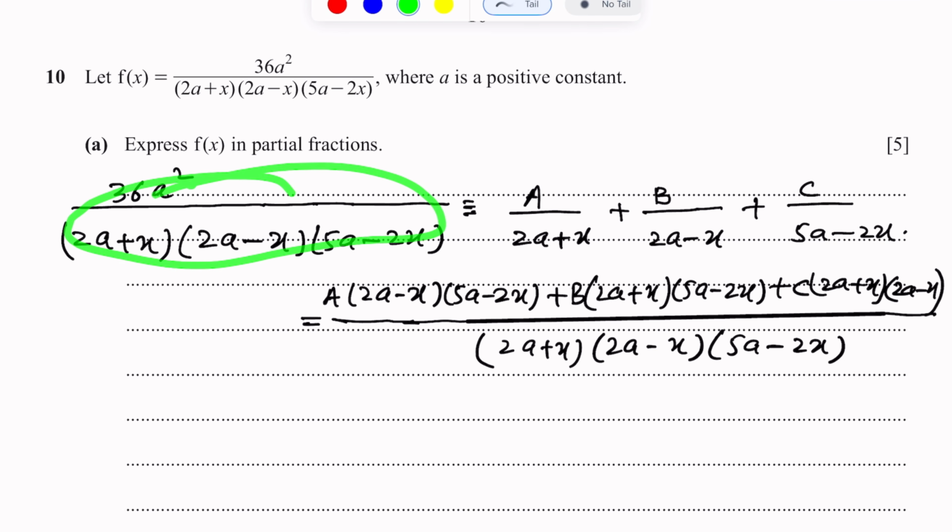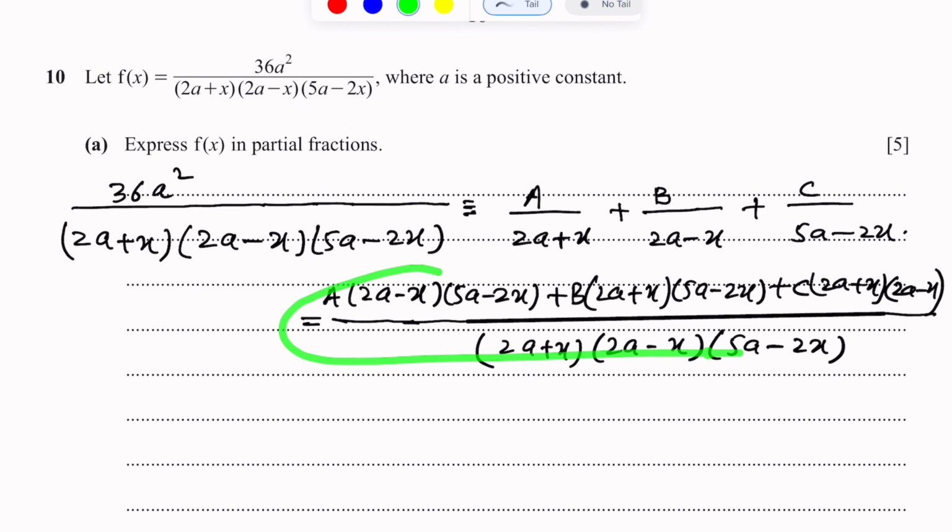Now this function is equal to this. In this equation, the denominators are the same, so from both sides they cancel out.